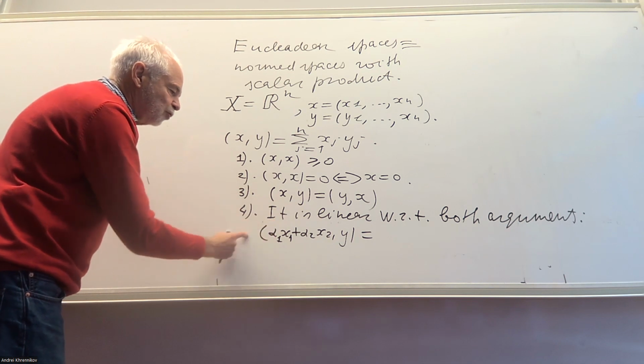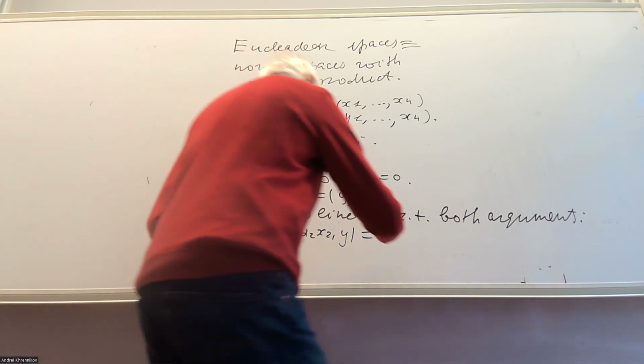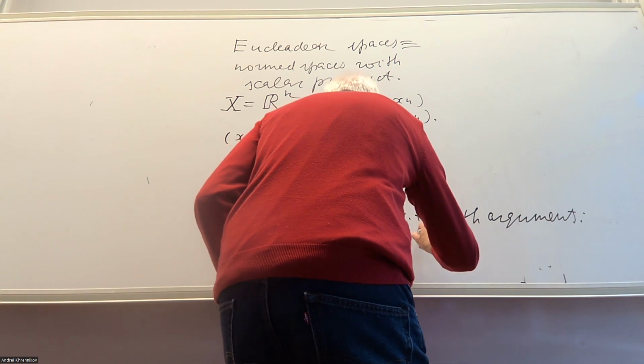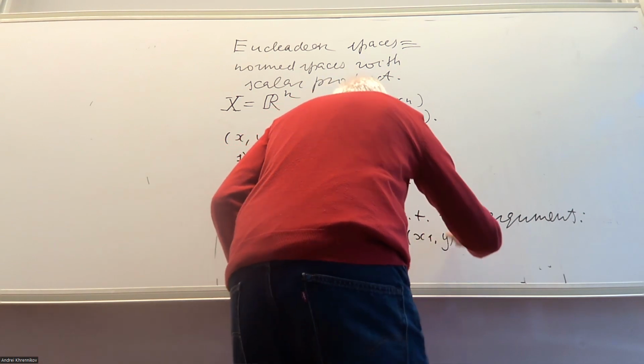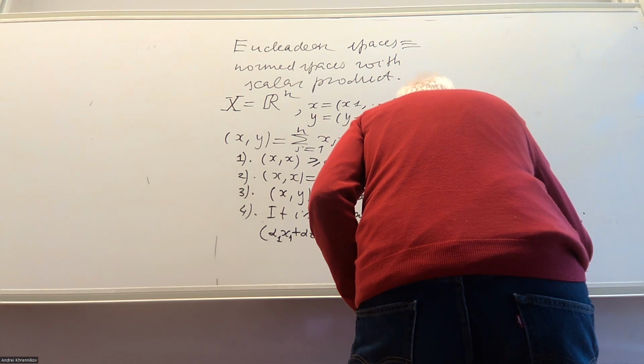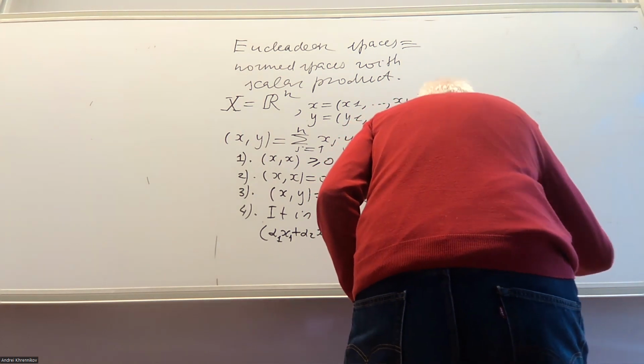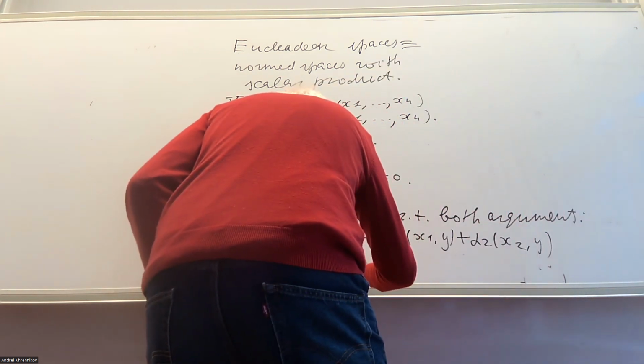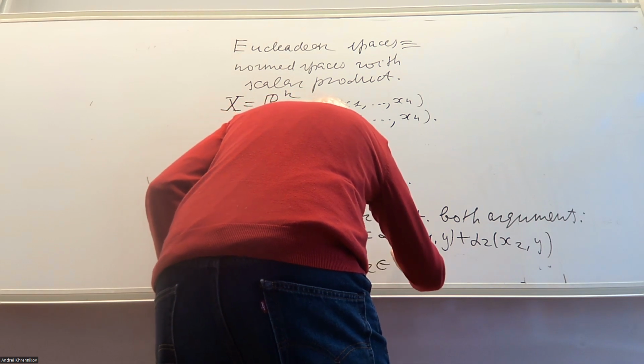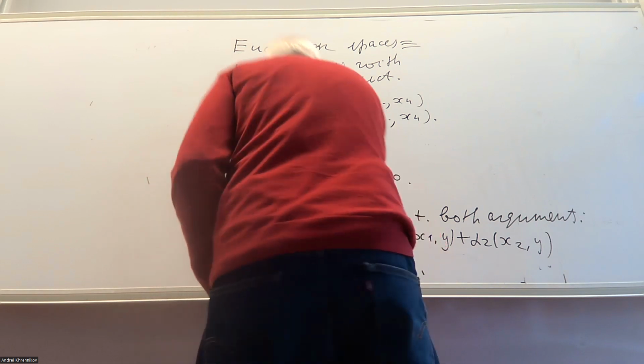So constants go out. So it is equal to alpha 1 x1 y plus alpha 2 x2 y for any alpha 1, alpha 2 belonging to real numbers.